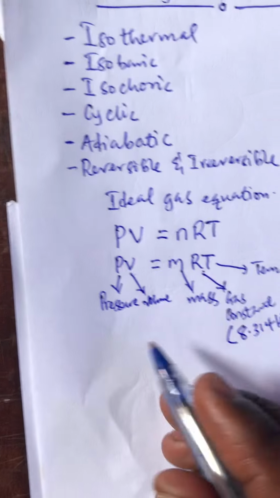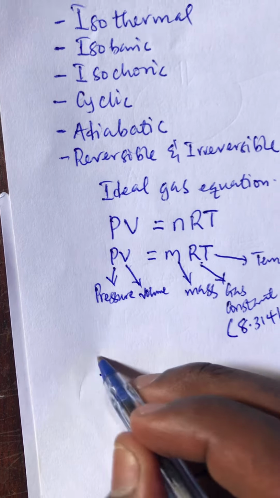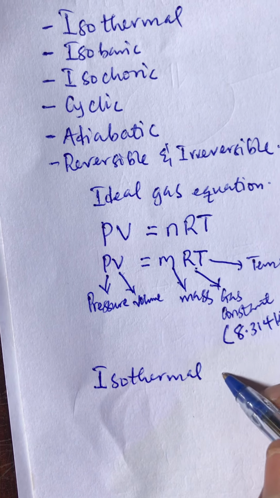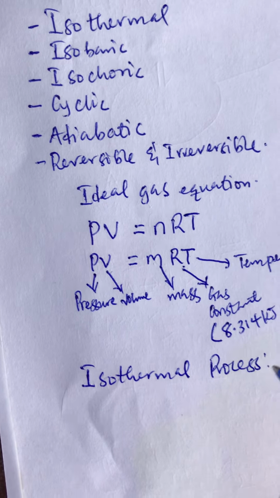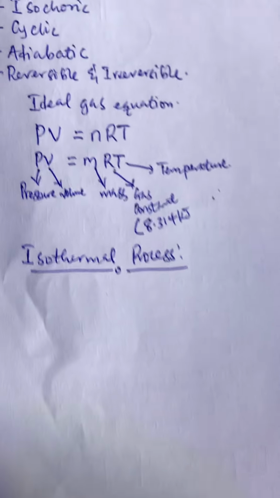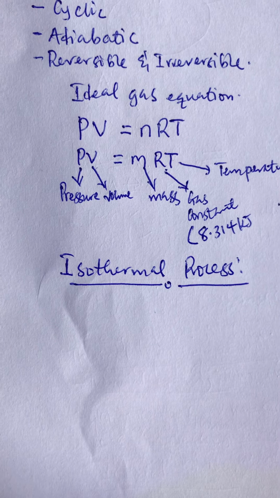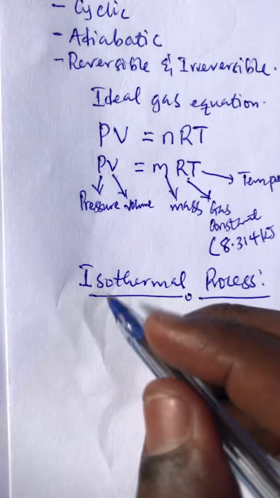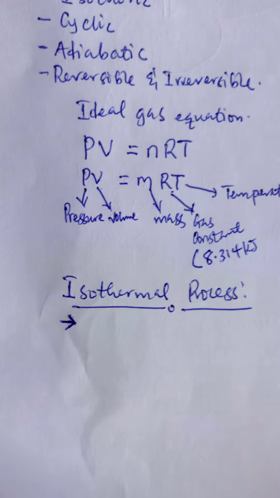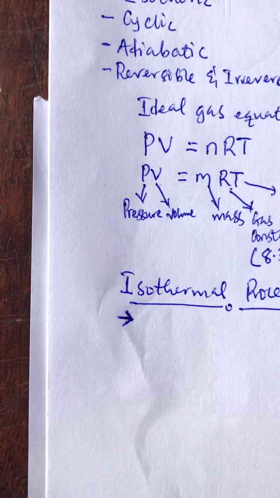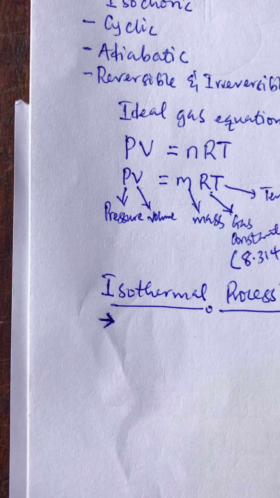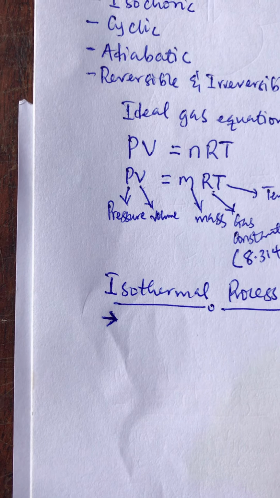Without wasting time, we can start with the isothermal process. Under this process, the system is at the same temperature as the surrounding, so they are in thermal equilibrium.